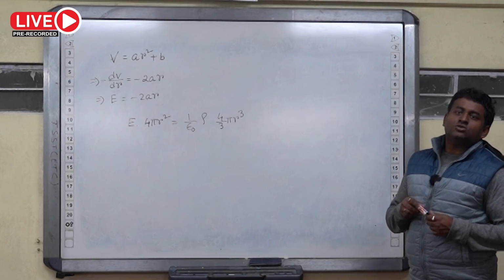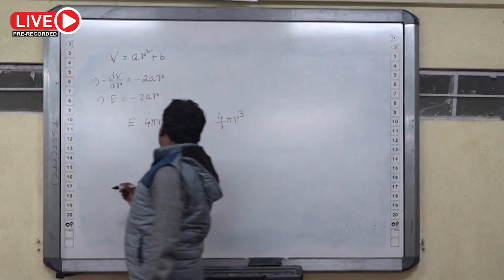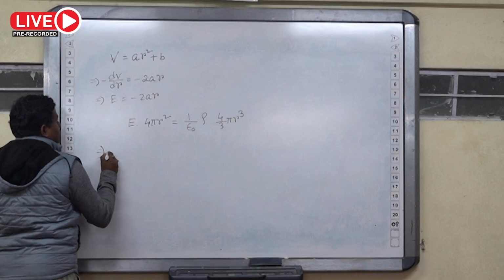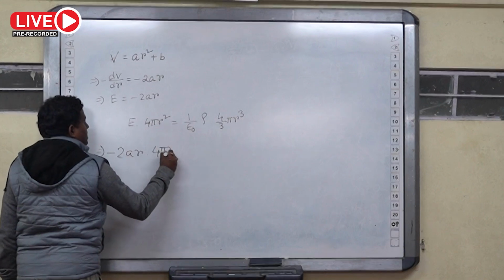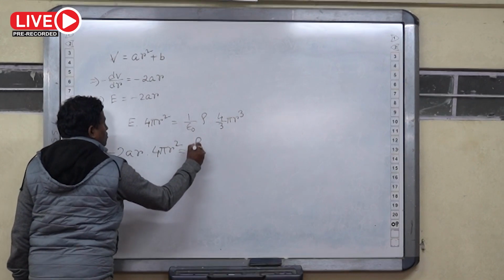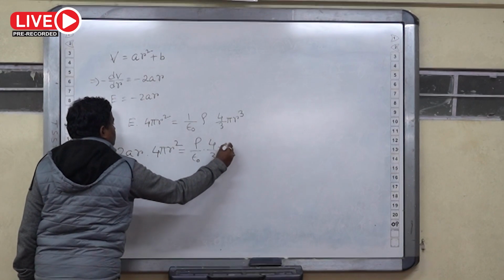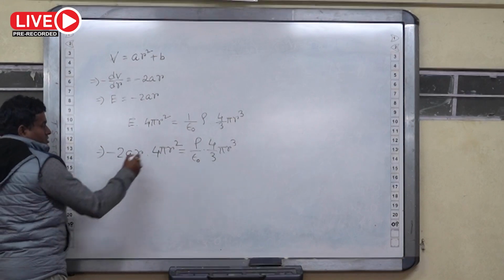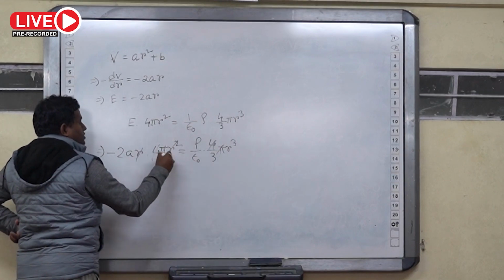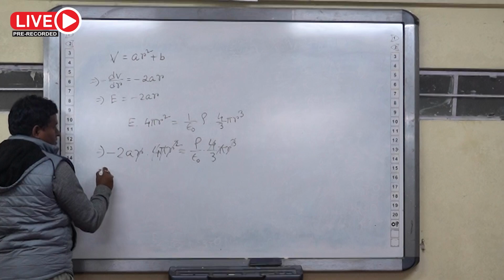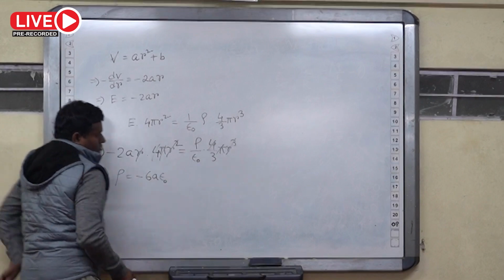Charge density into volume will be total charge enclosed. Now put the value of E. That will be minus 2Ar into 4 pi r square equal to rho by epsilon naught into 4 by 3 pi r cube. So 4 pi cancel, r square, r cube cancel. So rho will be equal to minus 6A epsilon naught. That is the answer.